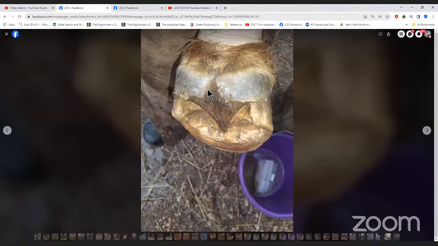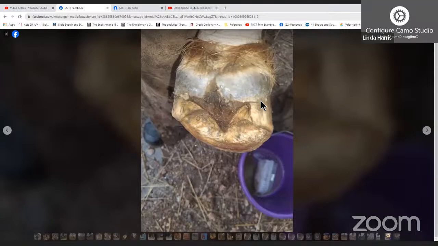Okay, so you can see that this hoof capsule is way too small for this foot. And you see how the bulbs are pulled way down. This area right here, which should be where the frog stay is, should be clear up here. And this frog should be pulled way back. And so these are false heels. He's got a shoe that's too small for his foot.